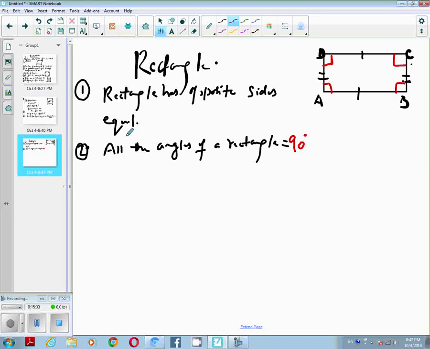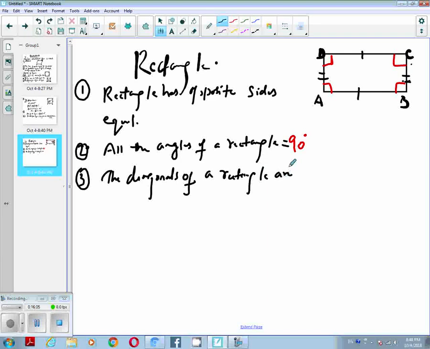Then third property, the diagonals of a rectangle are equal. Diagonals of a rectangle are equal.